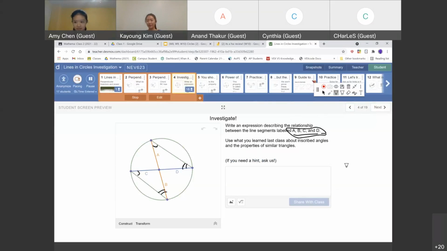The difference between similar and congruent is that congruent means they're exactly the same. So the side lengths would be the same, the angles would be the same. If I put them on top of each other, they would be exactly the same. But similar triangles are not exactly the same. They have the same angles.